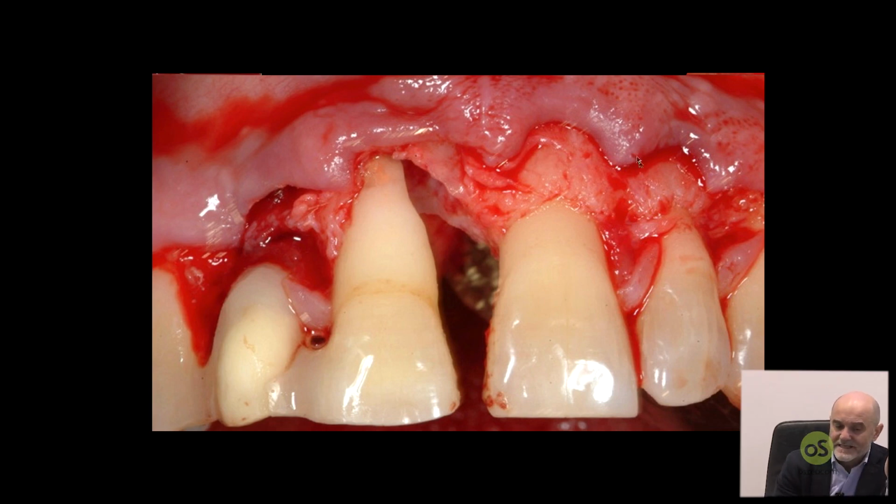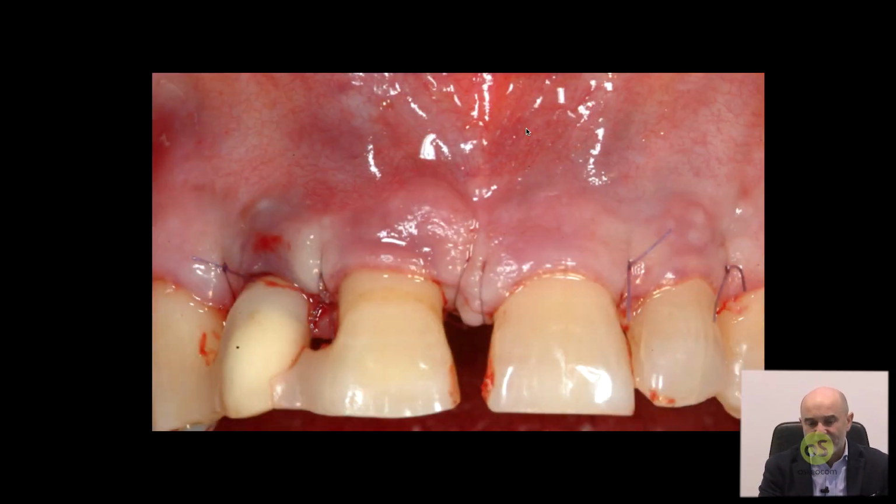And now, since this is an envelope type of flap, so the whole papilla belongs to the same flap, what does happen to this papilla that is comprised between 4 papilla that are anchored in more coronal position? What does happen to this papilla that is anchored to the same flap that are displaced more coronal above a vascular bed in a more coronal position?